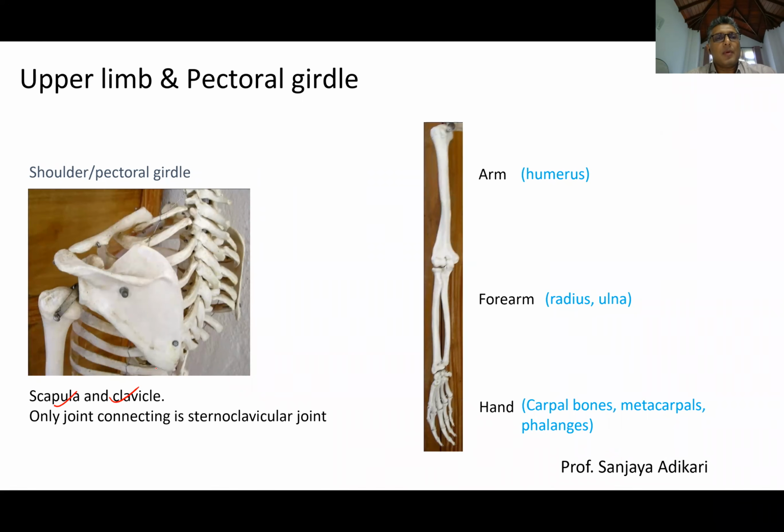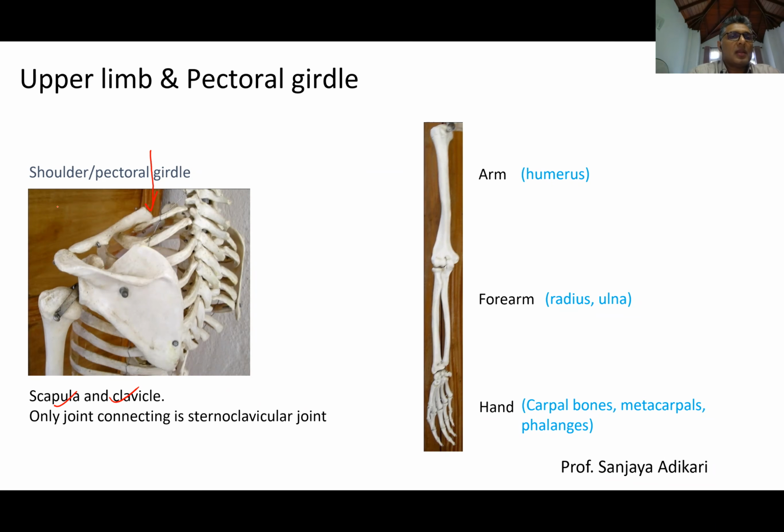Then the other important point here is the only anatomical joint that connects the pectoral girdle to the axial skeleton is the sternoclavicular joint here. Sternoclavicular joint there.